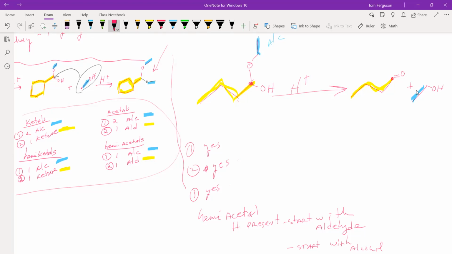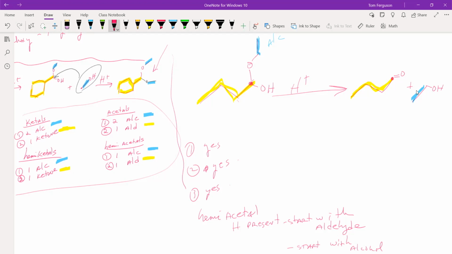When you see the OCO, that means there's alcohols present that created it, and either an aldehyde or ketone. To take it apart, you'd end up doing the same analysis, 1, 2, 3, to end up with the starting backbone aldehyde, or starting backbone ketone, plus the alcohols to create it.